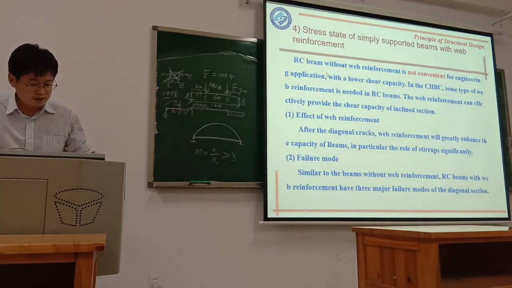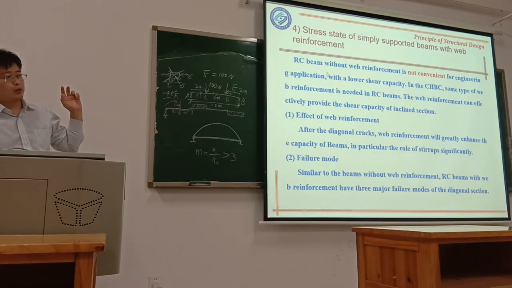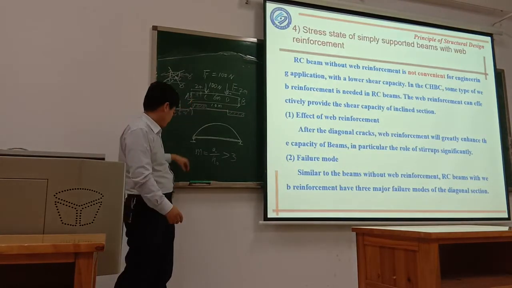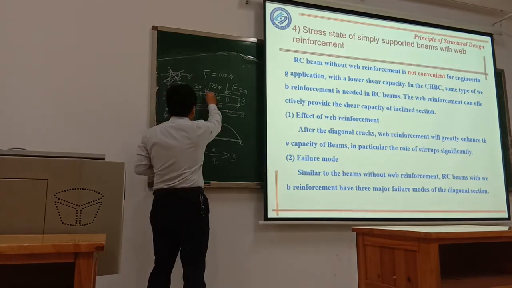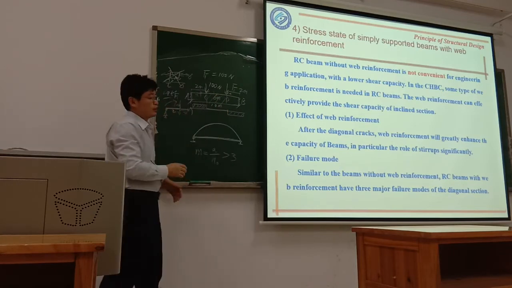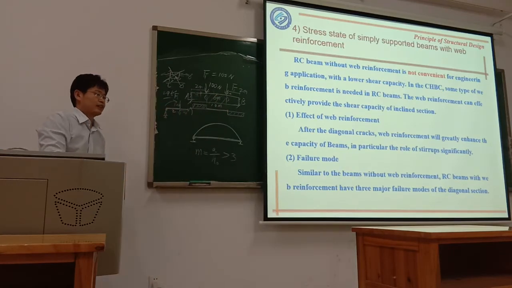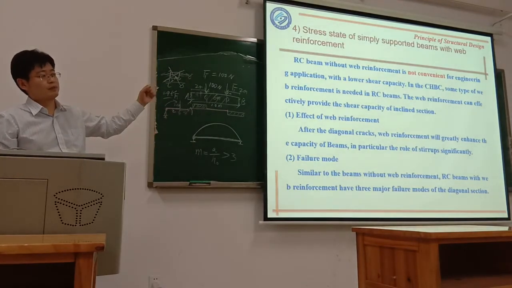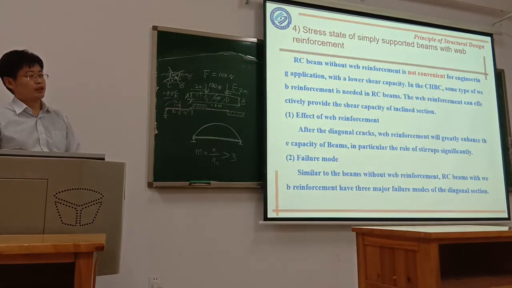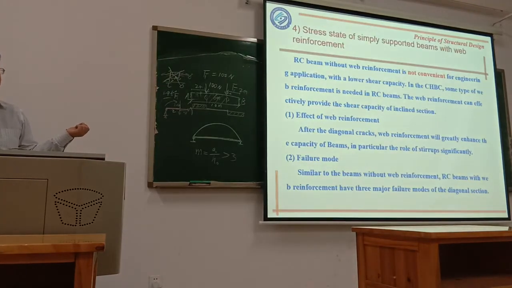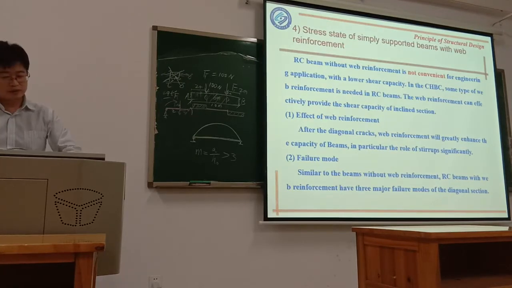We see this film we got from this test, because in this beam we didn't put web reinforcement inside. That means we don't use the stirrup, or the bent-up or oblique reinforcement. So in this situation the shear resistance is not strong enough.